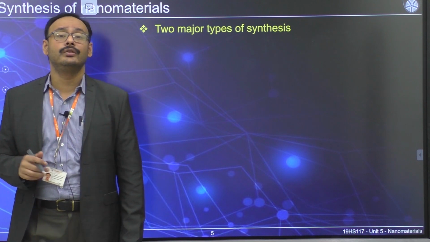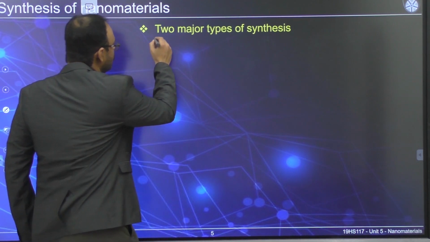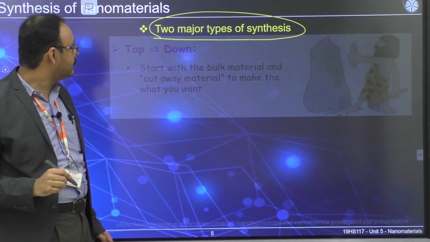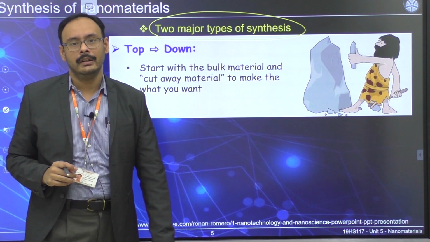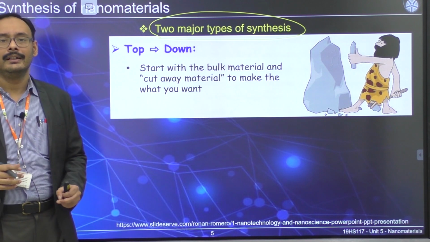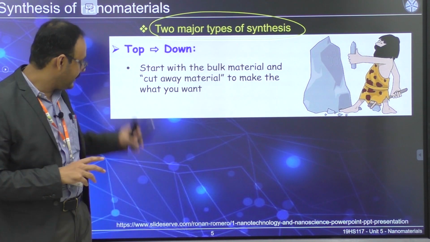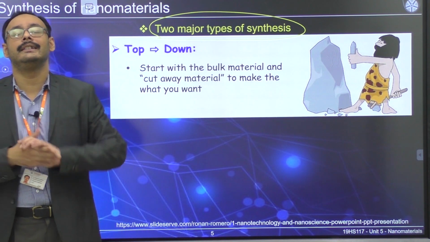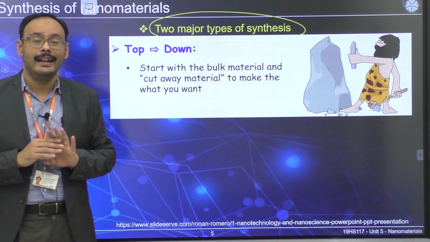There are primarily two major types of synthesis. The first one is called top-down. What is a top-down approach? As the name suggests, from the top you are going down. That's as simple as it is.